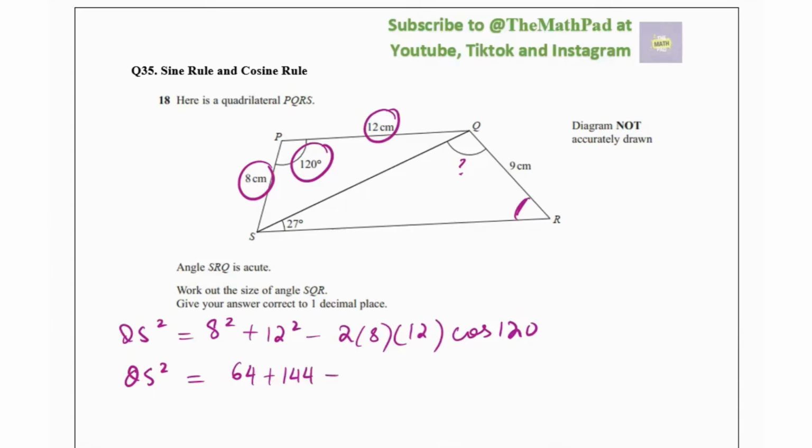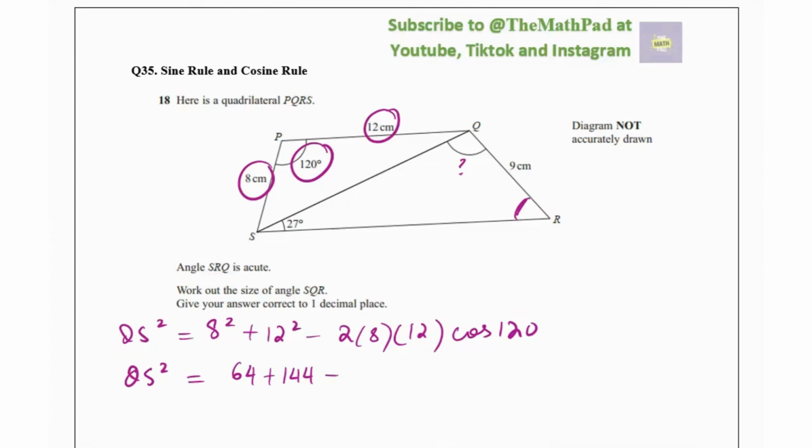Now this is the part where most kids mess it up. You multiply 2 times 8 times 12 times cos 120 in one go. You do not break it down. Because if you break it down and do 2 times 8 times 12 and then subtract that from 144, that's going to give you the wrong answer.